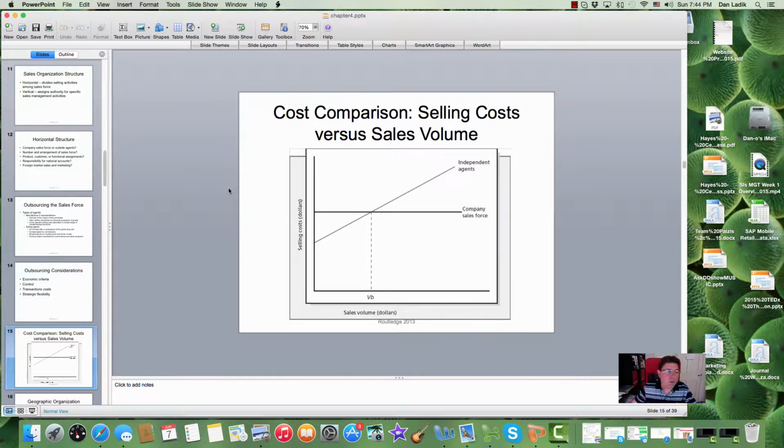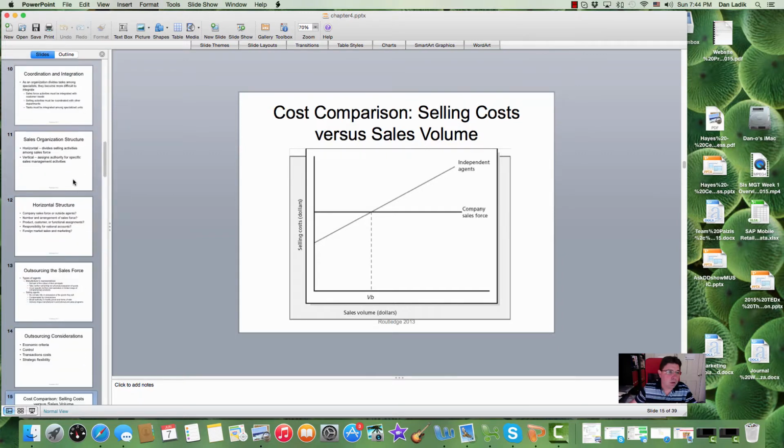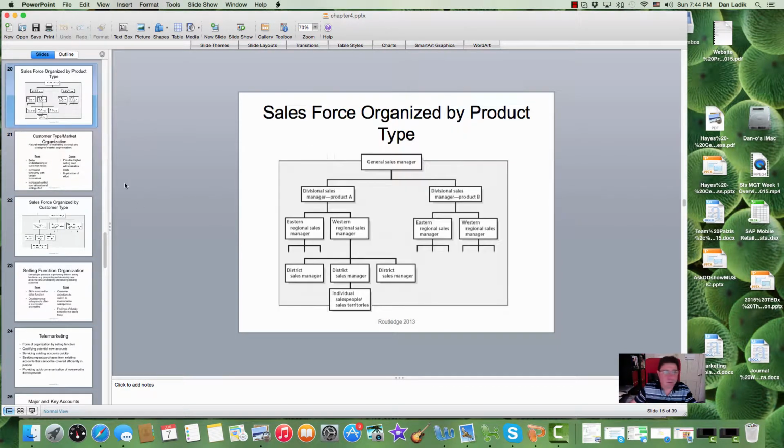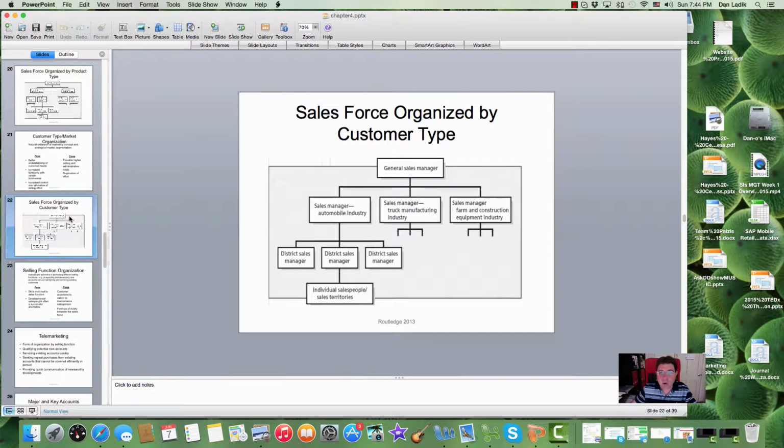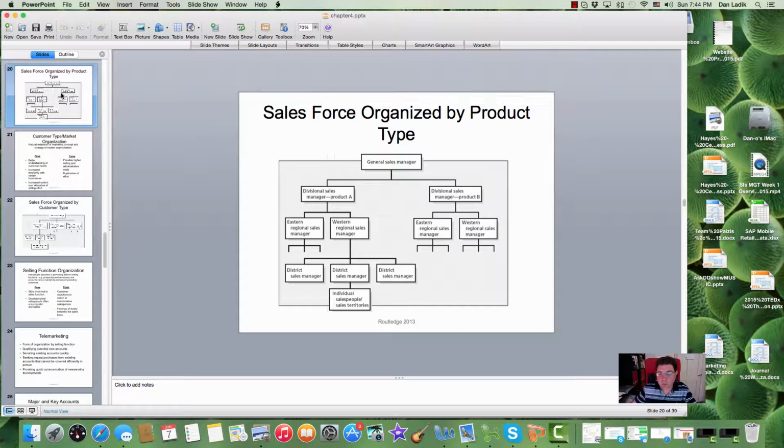So if we are looking at a chart along the lines of this, this is a horizontal sales organization. Your typical org chart, where you have things across either by region, by division, by product, and it's horizontally organized. Think about it as all these things going this way and then up and down.